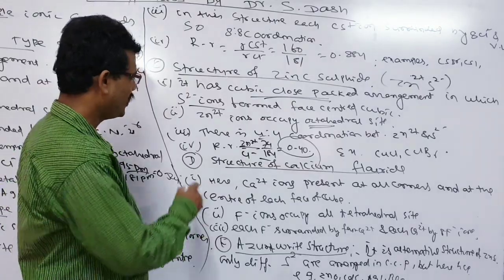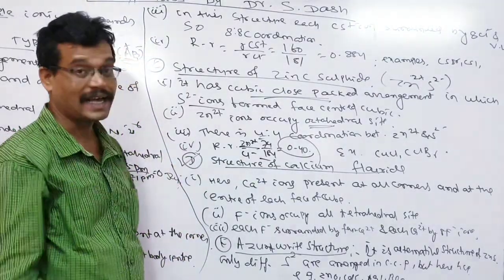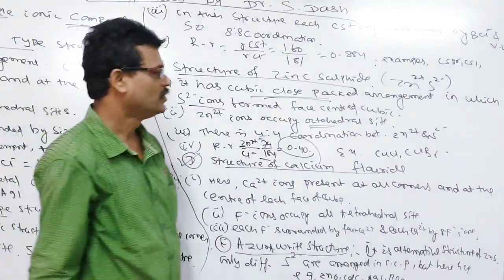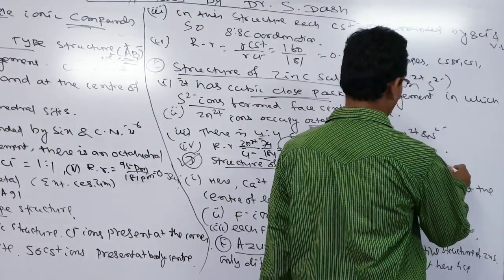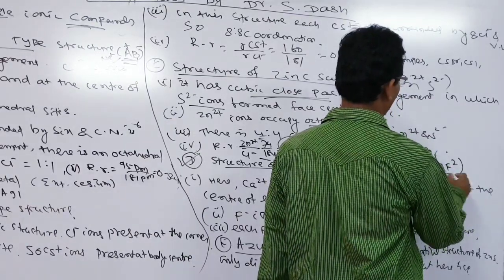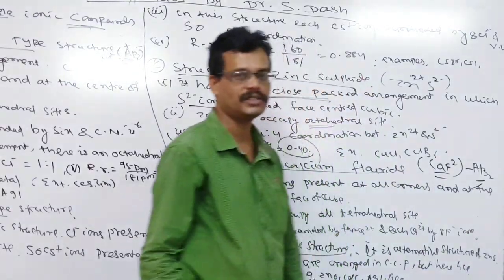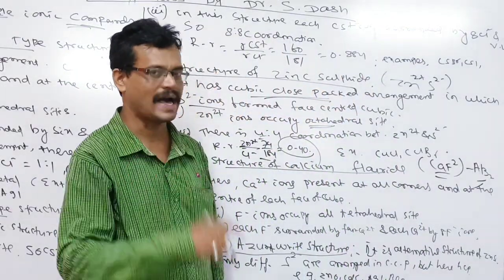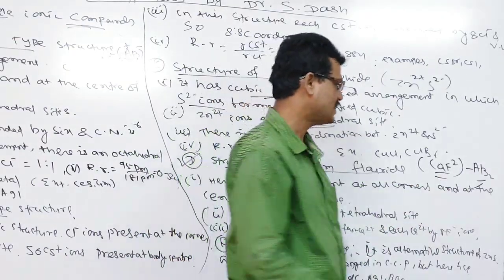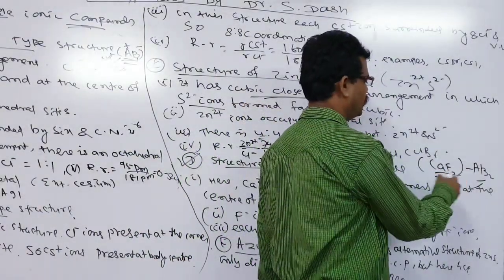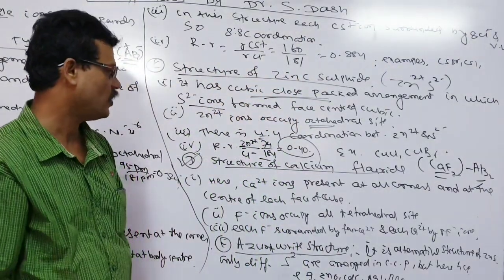Now let us come to the fourth category, the structure of calcium fluoride, CaF2. We can assume this model as AB2, because there is one cation and two anions. Here the cation is calcium and the anion is fluorine, so the ratio is one cation to two fluorine atoms.